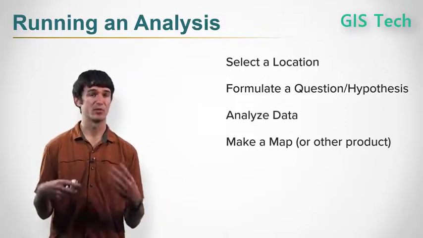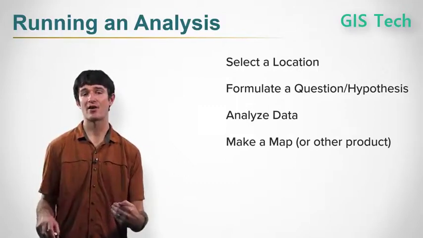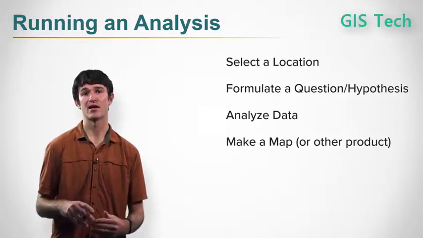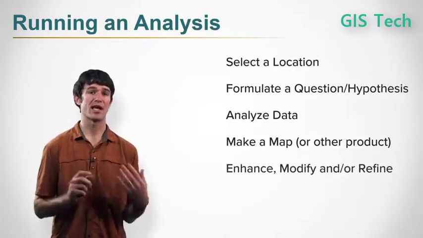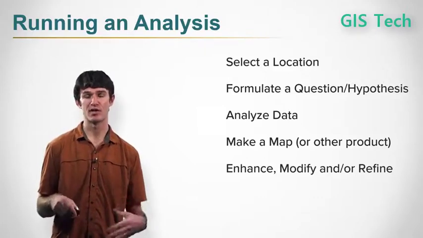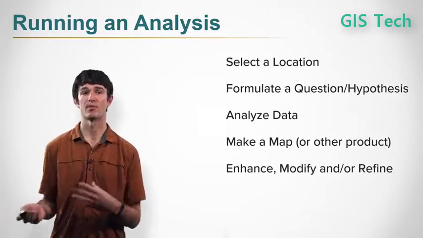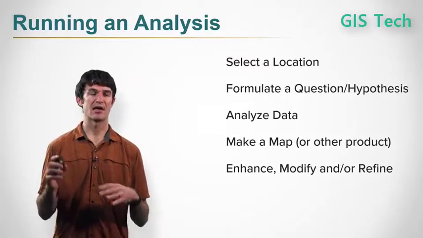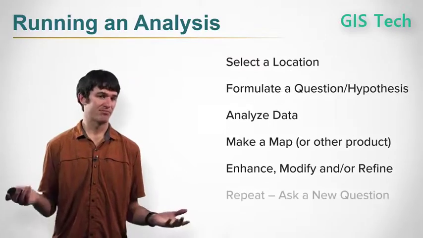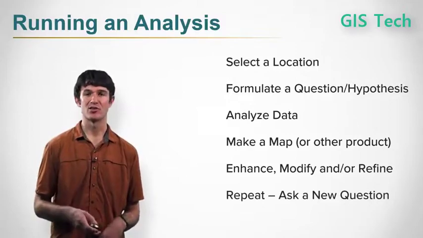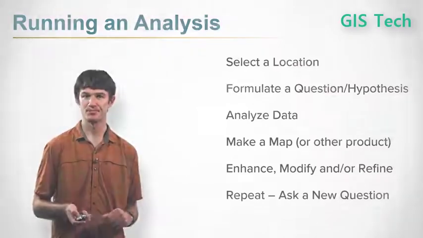And that might require multiple iterations. You're going to explore the patterns that appear when you generate that data. And then you may decide that you need to modify your question or enhance the data in order to recreate that analysis in a better form in the future and refine your question and get a better answer. And then repeat as necessary. Ask new questions and publish new results.